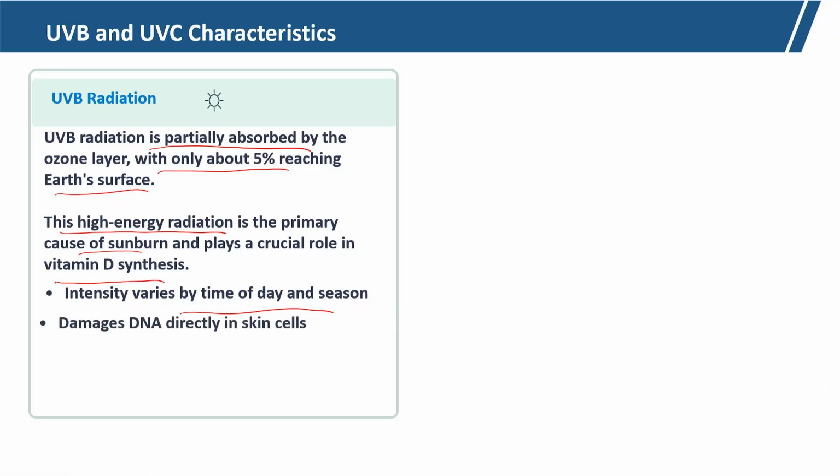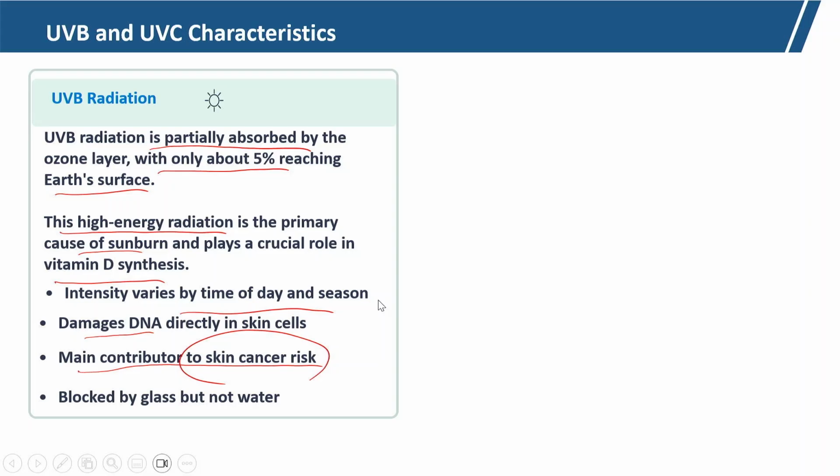Here the thing is that it directly damages DNA in the skin cell, and it is mainly contributing to skin cancer risk. So UVB causes DNA damage and skin cancer risk. We need proper textile for this protection.